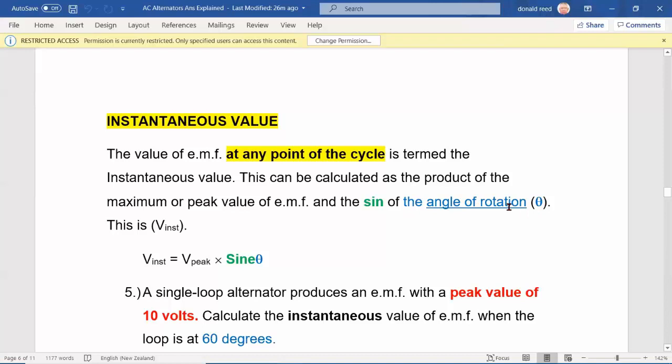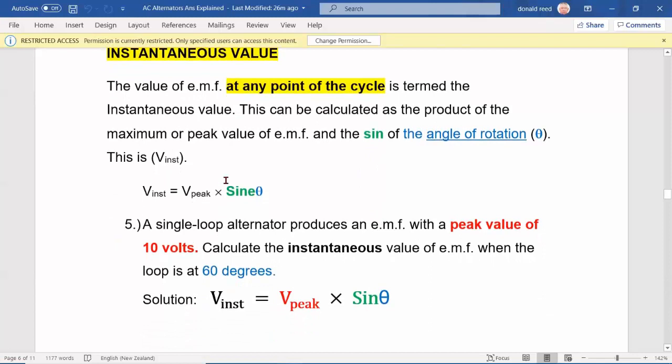So the angle of rotation is known as theta. That's the symbol there. So V instantaneous equals V peak or maximum multiplied by sine theta. Theta is the angle of rotation.